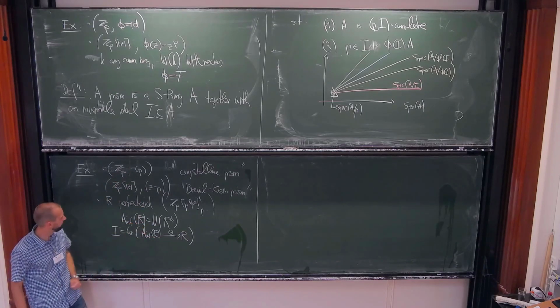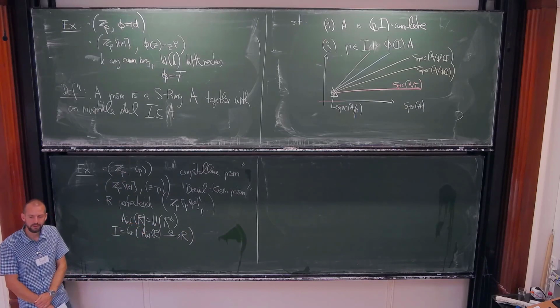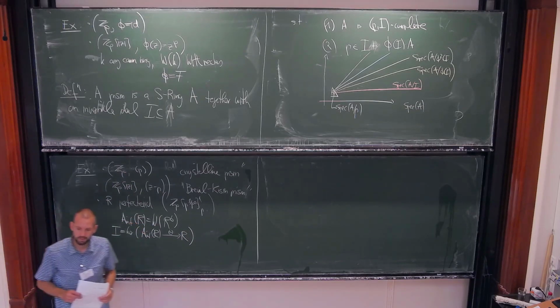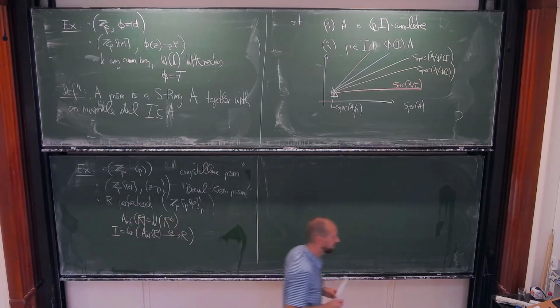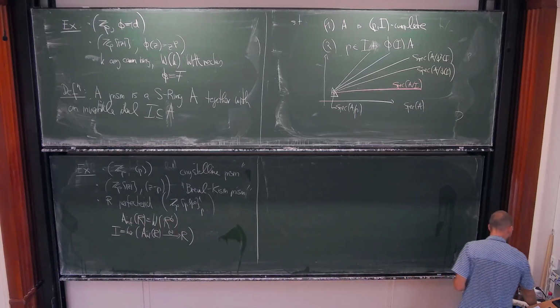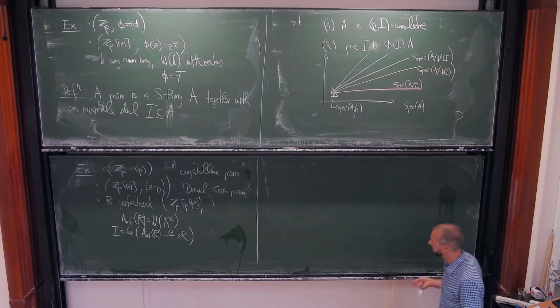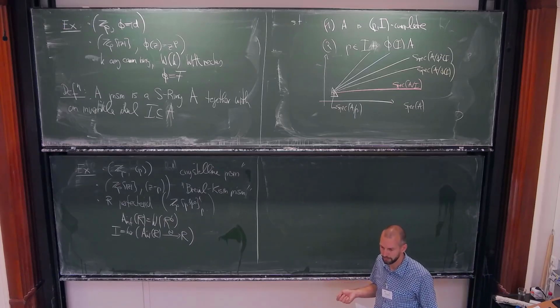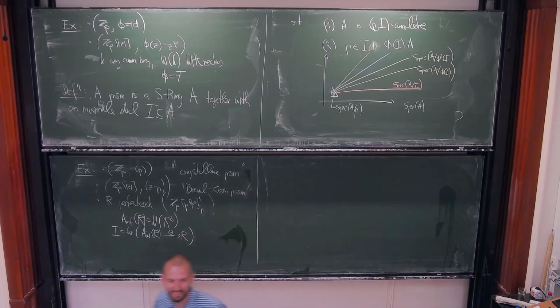So this thing is principal, and that is not part of the data or something, or it's just like a special case, you could ask. Are there examples of prisms which are not of this form?